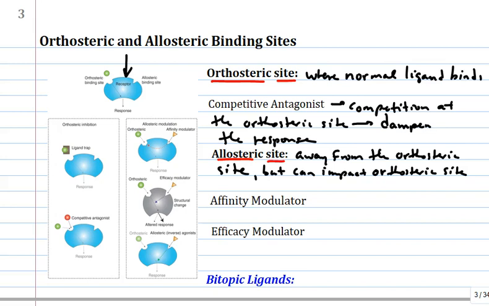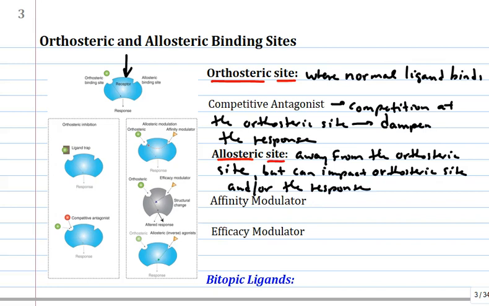So this is again completely analogous to what we have with an enzyme. We have an allosteric site. It's away. It may not be that far away, but it's away from the orthosteric site. Molecules can bind in there, but they can impact the orthosteric site and or the response.